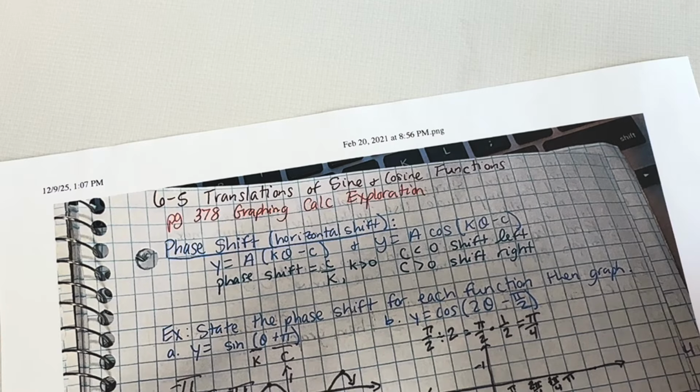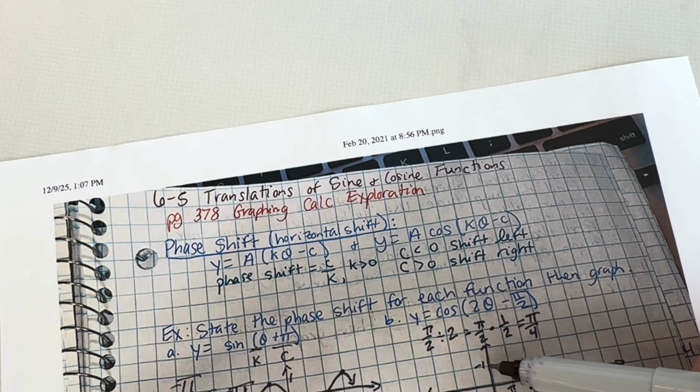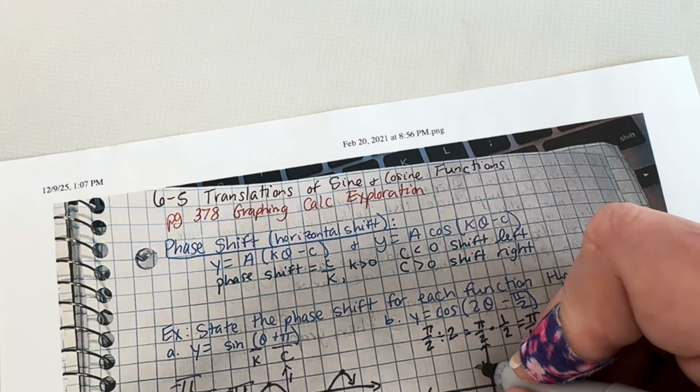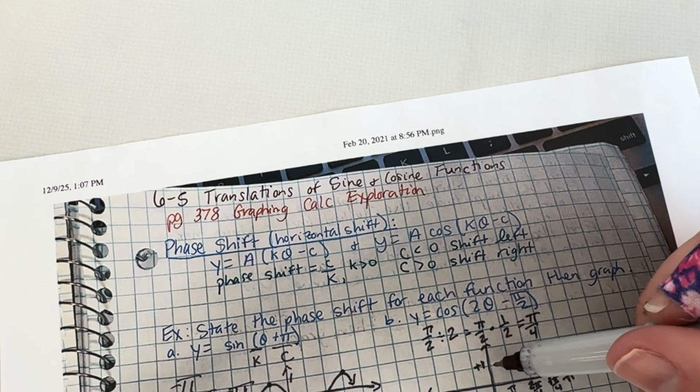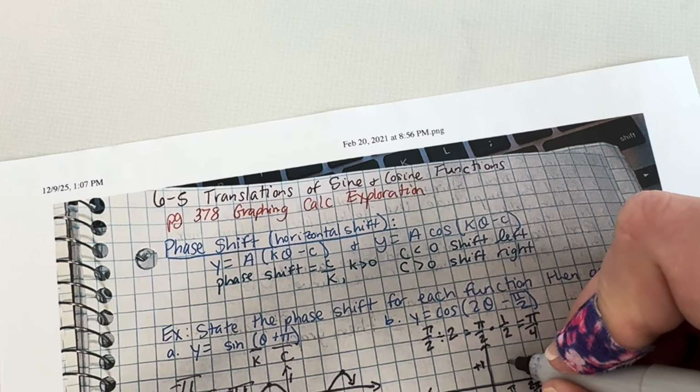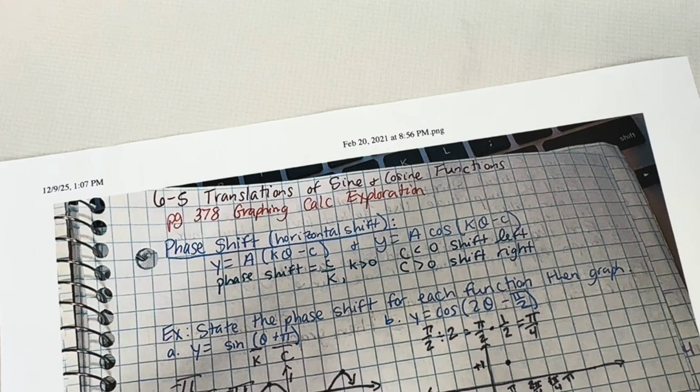Okay. So I'm going to take my cosine graph, and instead of it being up here at +1, it's going to start its curve right over here at pi over 4. And now I'm going to do my curve there.